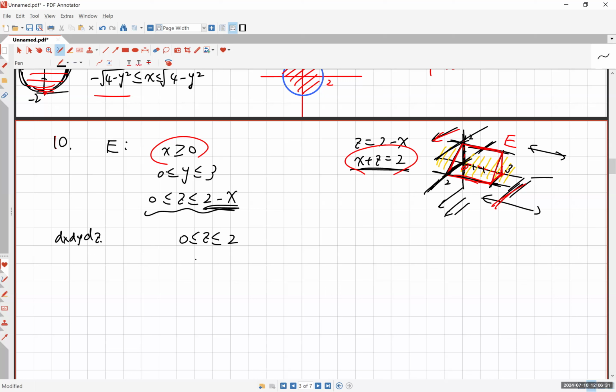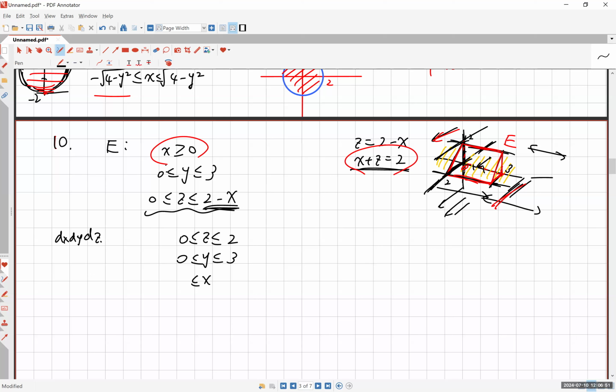Now, for each z between 0 and 2, y goes from 0 to 3. In fact, y is independent of z. And then for each z and y I pick, x goes from 0 to wherever it touches this roof.